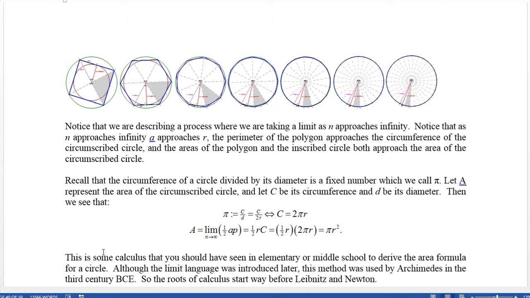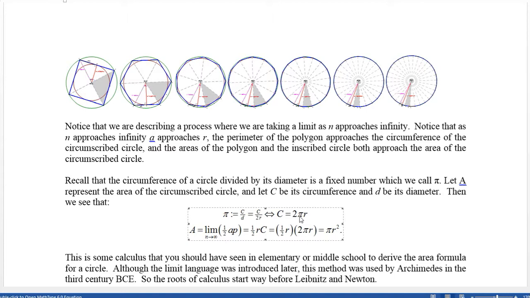Doesn't matter how big or how small that circle is, that ratio will be the same. So pi, by definition, is the circumference divided by diameter. Of course, the diameter is just twice the radius, so pi is the circumference over 2r. Multiplying both sides by 2r, we see the circumference is 2 pi times the radius. Okay, so that really defines what pi really is.